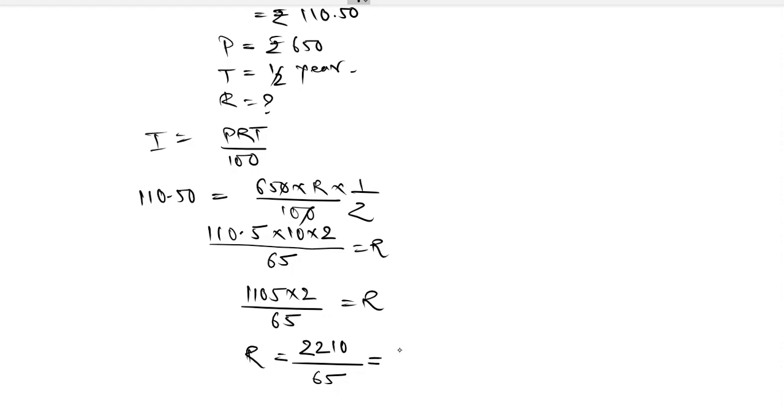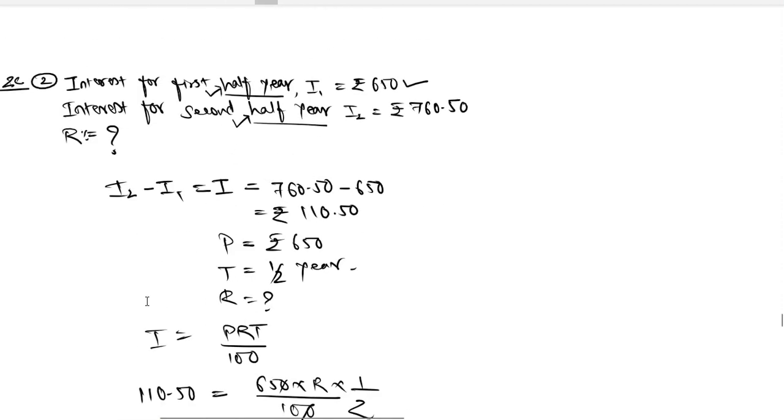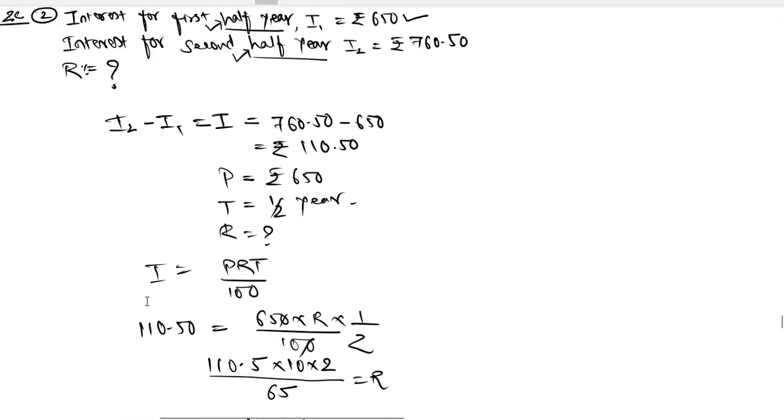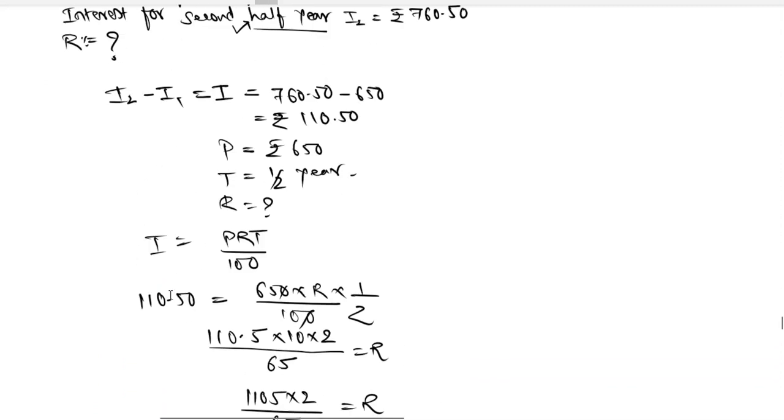So the answer is 34%. The rate is 34%. It might look wrong initially, but it is not. I checked, the answer is correct. So here one catch is that if the interests for consecutive half years are given, then you take your time as half year and then solve it, and you will get the correct answer.